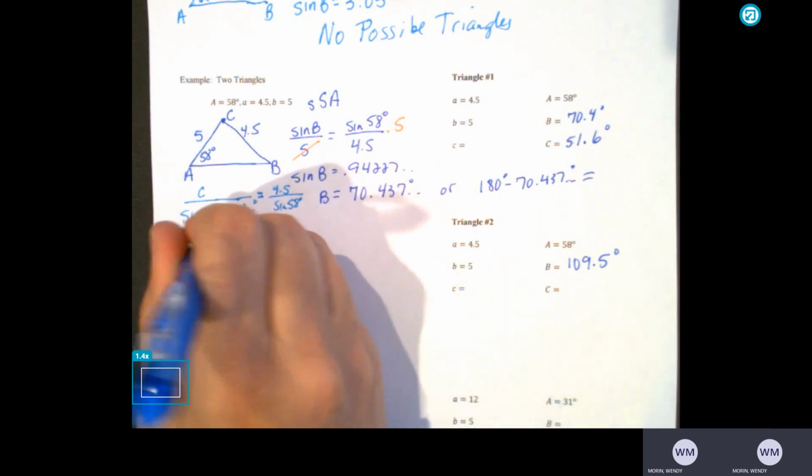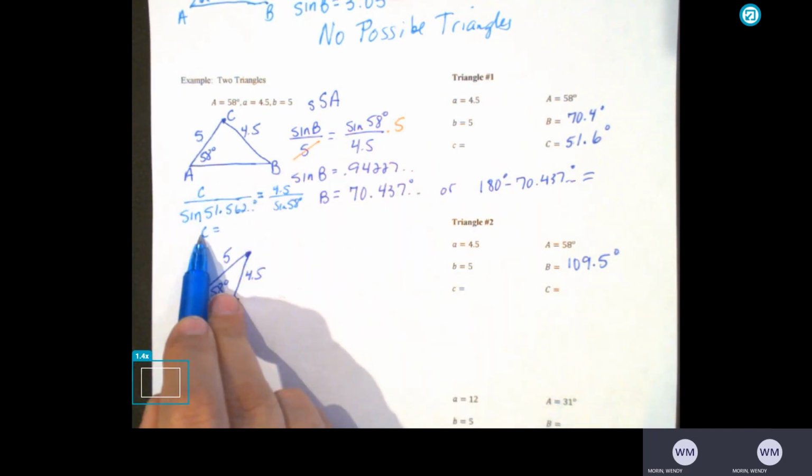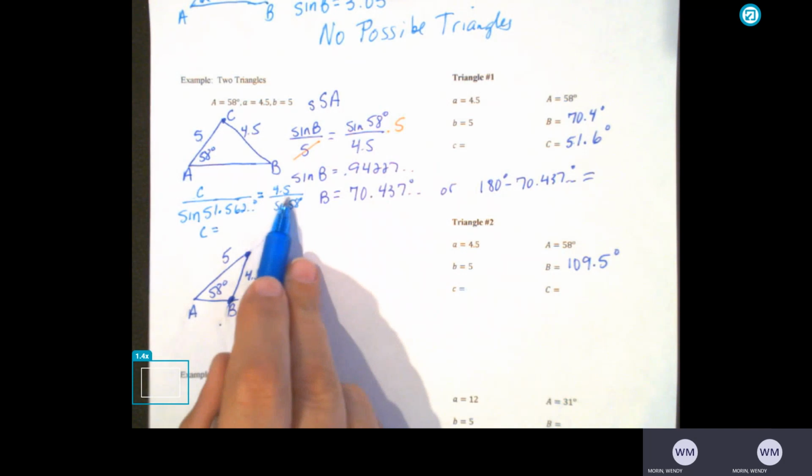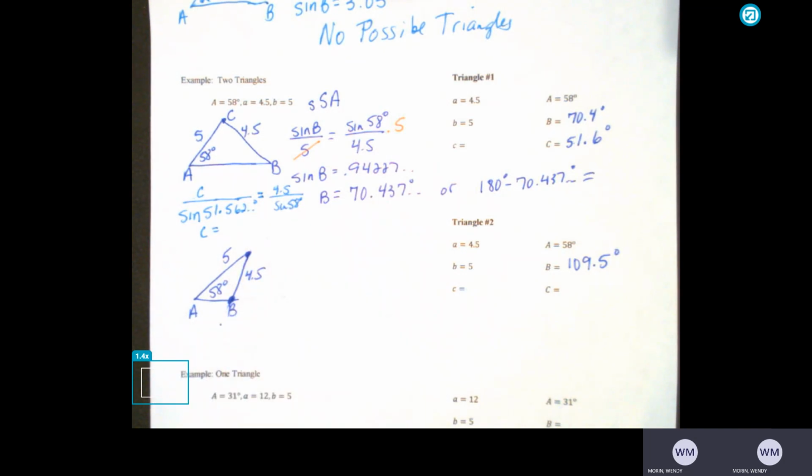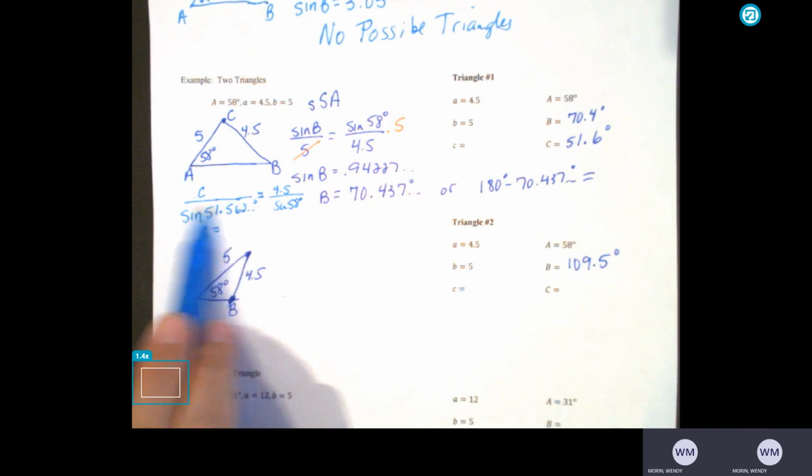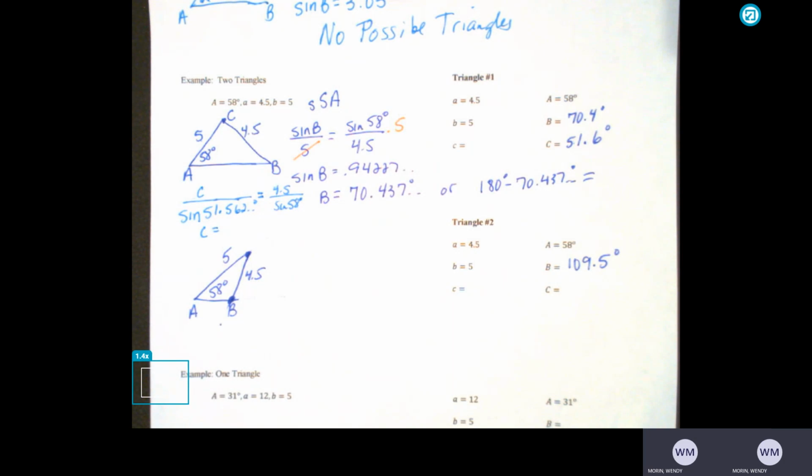Okay, so how do you find side C? So go ahead and let's type this into our calculator. Again, use your fraction bar, 4.5 divided by the sine of 58 degrees. And then you're going to multiply both sides by the sine.